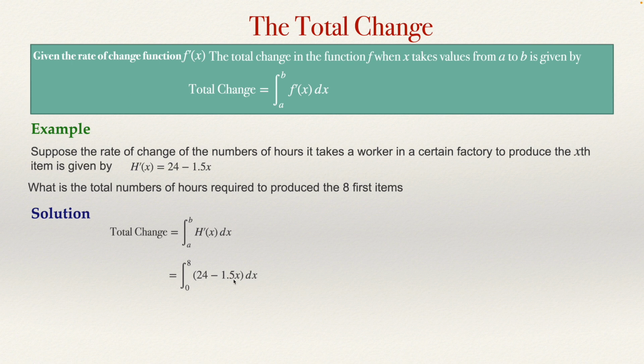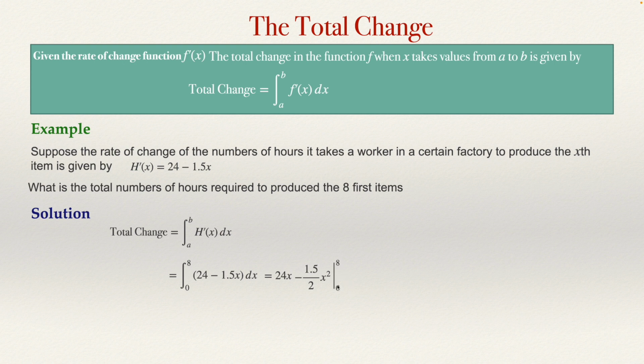So getting this integral, remember this is a definite integral. You can use the fundamental theorem of calculus. The integral of 24 is 24x, minus the integral of 1.5x, which is 1.5 over 2 times x squared. We don't need a constant of integration here because this is a definite integral.